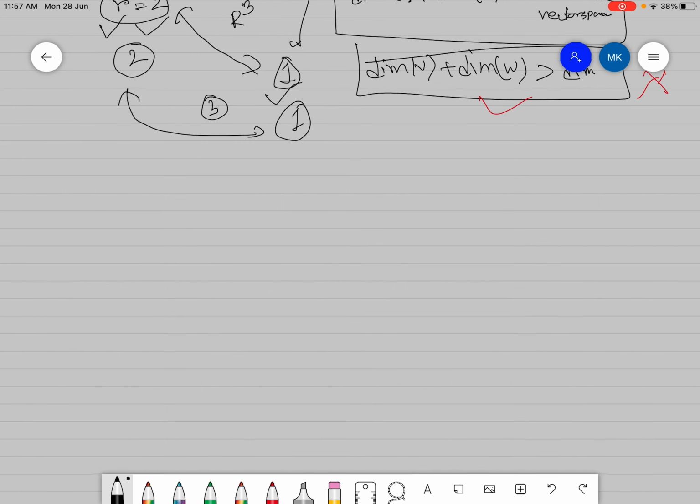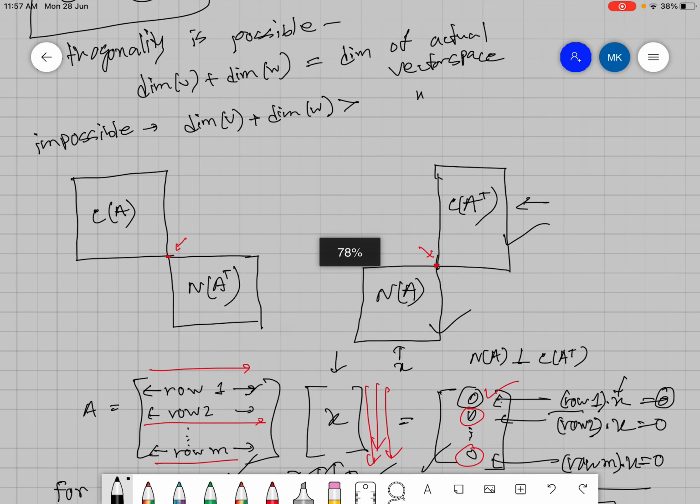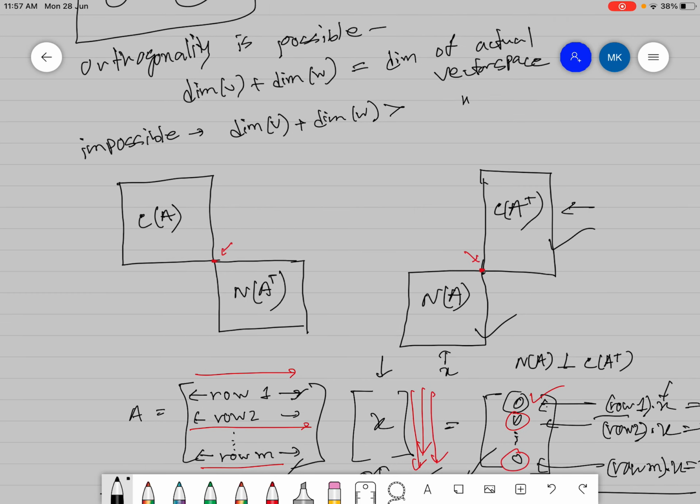As you already know from this picture, if the dimension is equal to the rank r, then definitely the dimension of the left null space is m minus r, right?